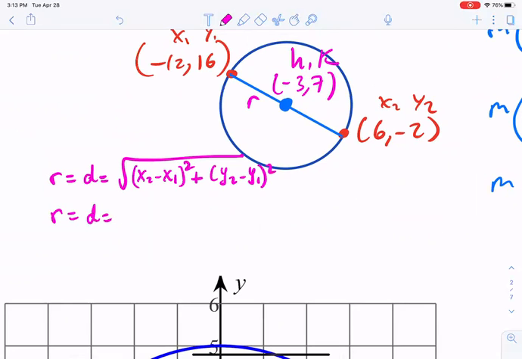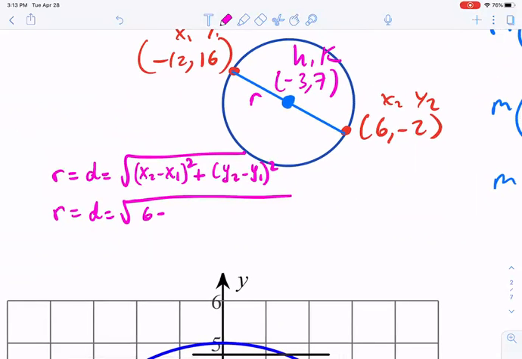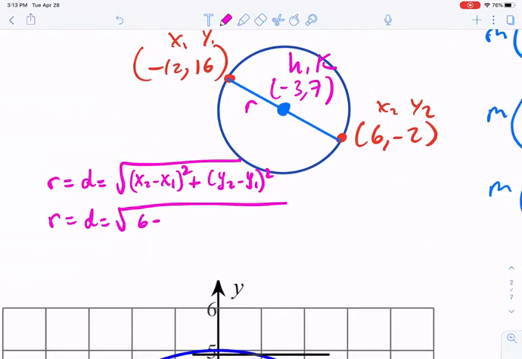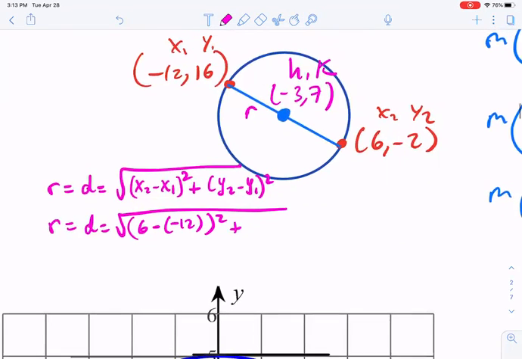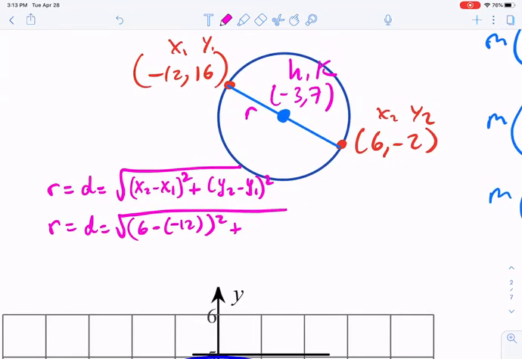R equals d equals the square root of, what is x2? This is 6 minus x1, which is -12, and everything squared, and then plus y2. Just recall that if we're using this endpoint here, we will have to use this endpoint here, right? So don't mix them up, because the way I was doing it, I was mixing something up.